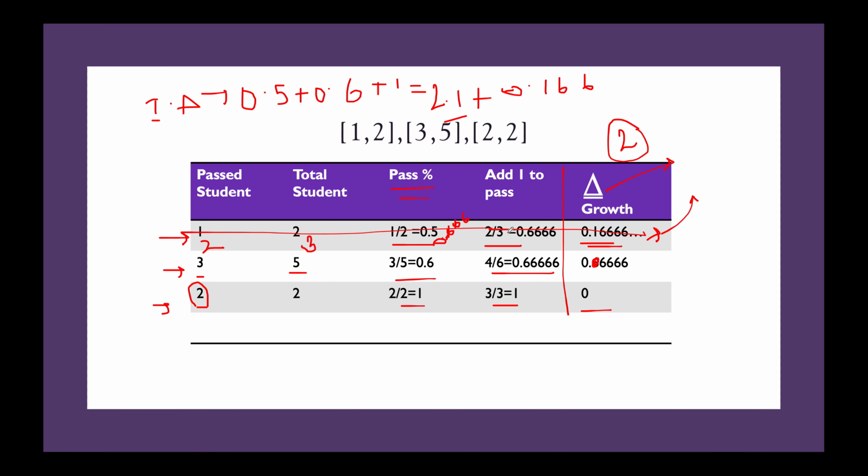And if I add one more to it, what will be the passing percentage? It would be 3 by 4, so 0.75. And what would be the growth? The growth factor would be 0.75 minus 0.66.